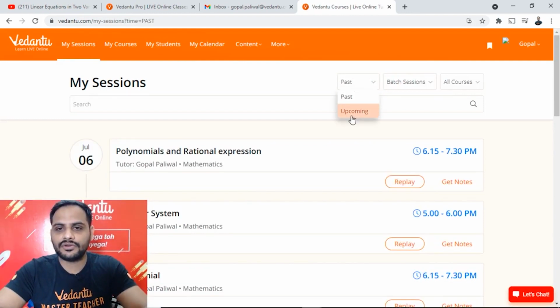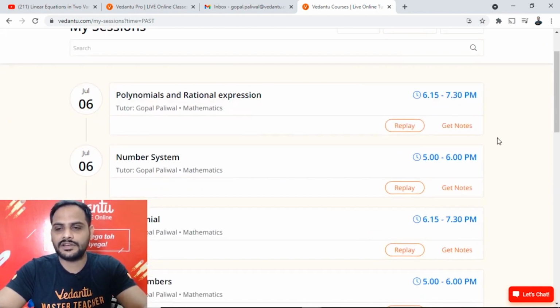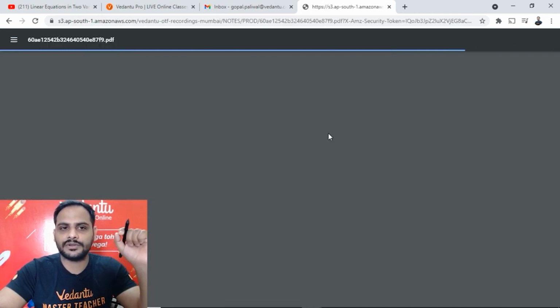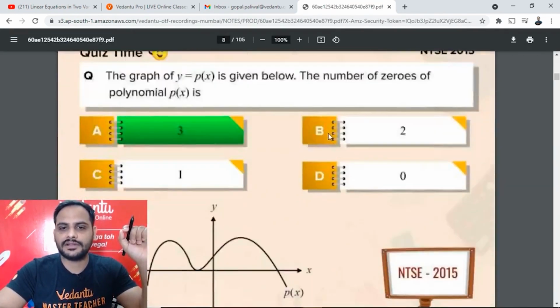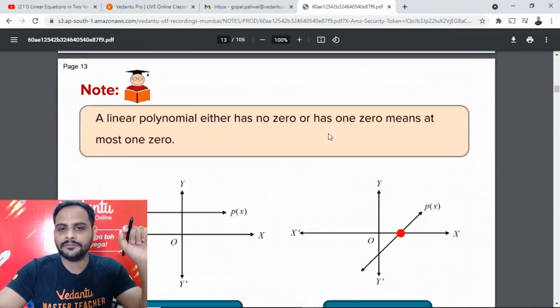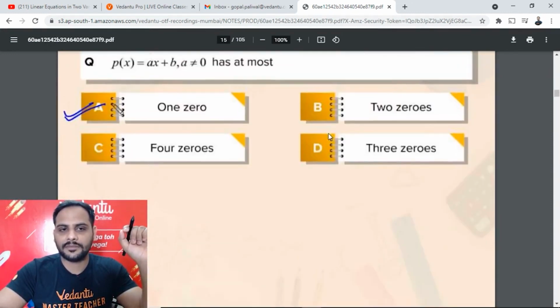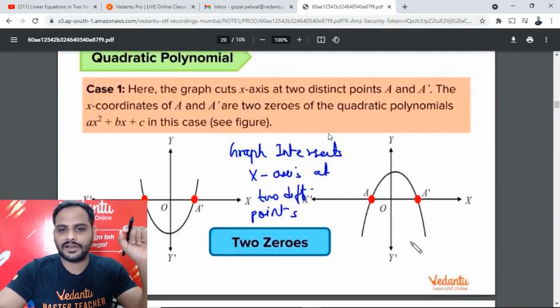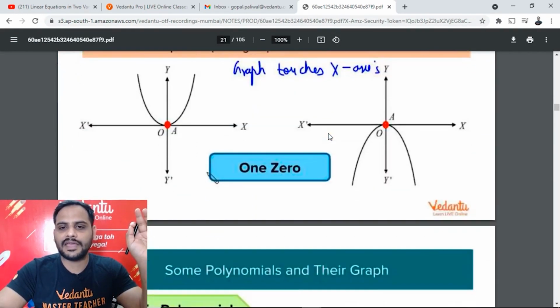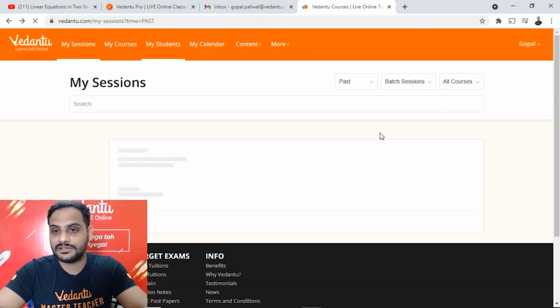When you go to the past sessions, here you can click on get notes, and you will see the notes in the teacher's handwriting. I was writing very little because there were a lot of slides, so these notes will be accurate, with no mistakes.